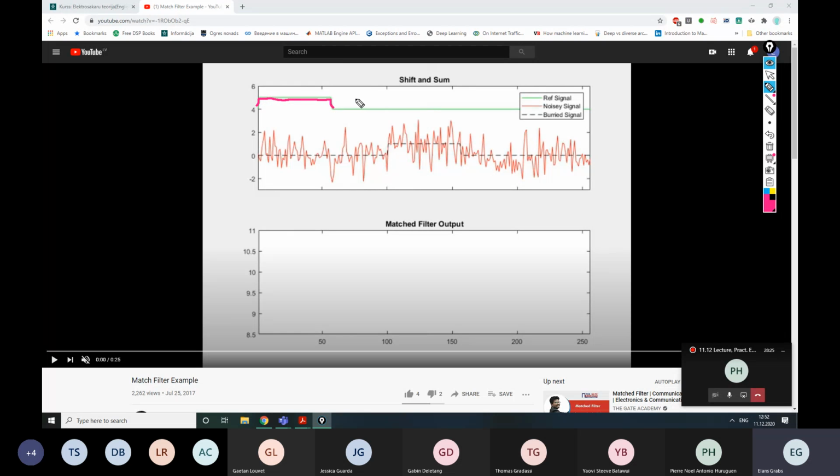Then we move it along our received signal, and when they are aligned, the output of the filter will produce the maximum possible value. And then as the signal goes away, the value will decrease again. So let's see how it works. Pause the video when they are aligned. So you can see that signal moves.